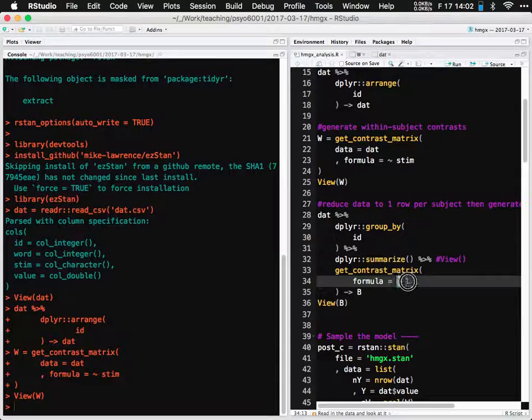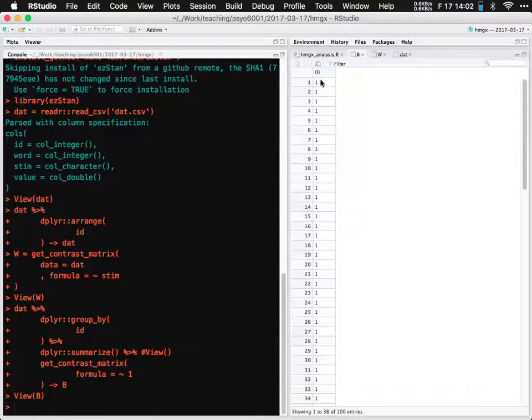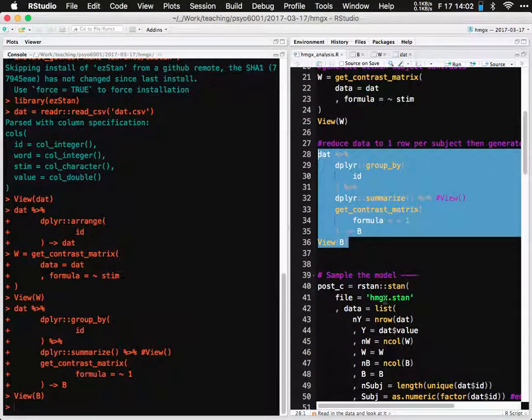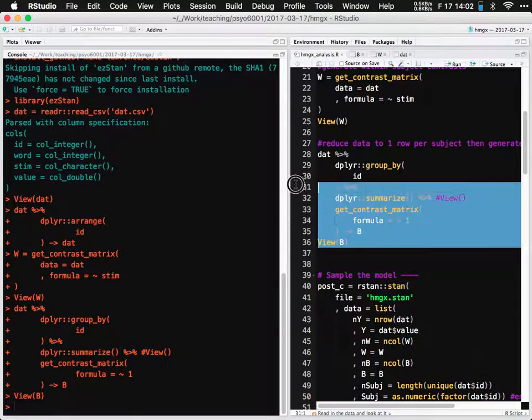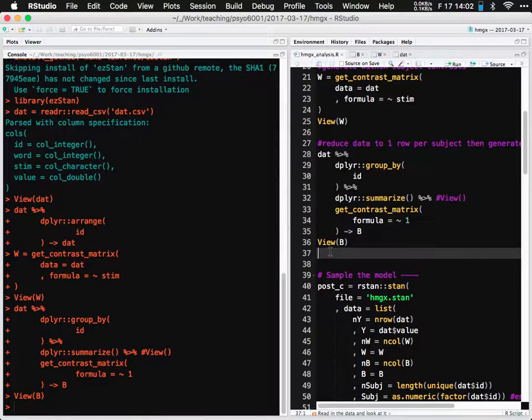To do that, you just say tilde 1. So again, B will technically be a matrix, but it's just a column of ones. That's just a quick trick to not have to go fetch your hierarchical within Gaussian crossed model. It'll make the model a little bit slower relative to using the proper one, but on the scale of the models that we're dealing with, it's not a big deal.